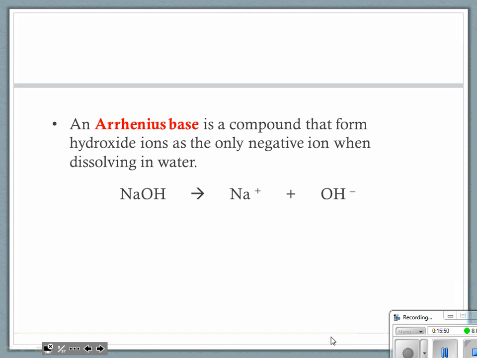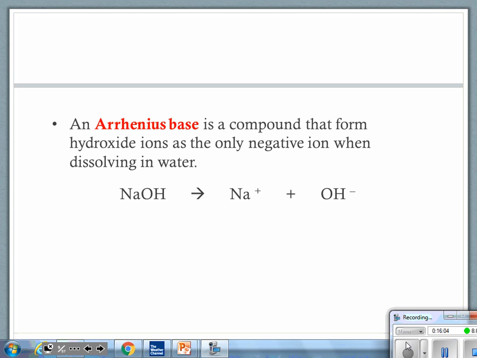Now, this is the last slide we're going to cover today. It is dealing with what is an Arrhenius base. Svante Arrhenius, here is his definition of a base. An Arrhenius base is a compound that forms hydroxide ions as the only negative ion when dissolving in water.